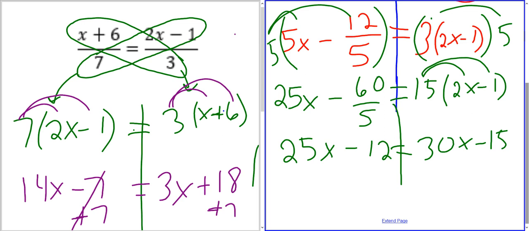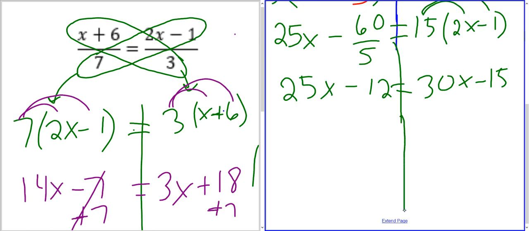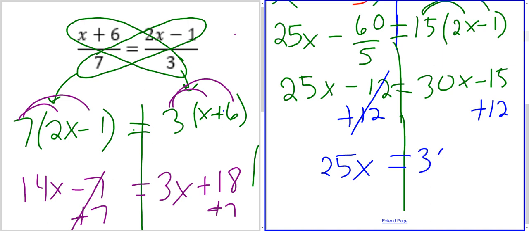And then we're just going to solve that for x. So add 12 to both sides. These 12's cancel, so I get 25x equals 30x. Negative 15 plus 12 is negative 3.